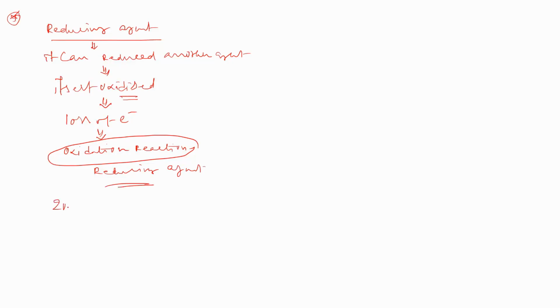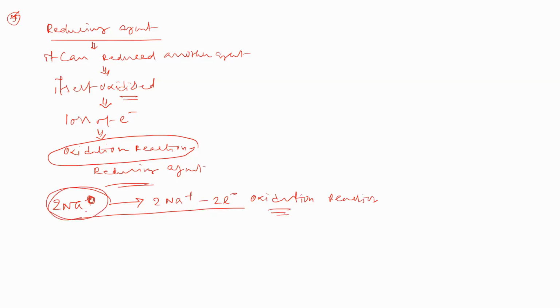Here the sodium goes to Na plus ion from 0 oxidation state. So here the 2 electrons are lost, so it is an oxidation reaction. So in this oxidation reaction, sodium, which has the 0 oxidation state, is acting as a reducing agent.